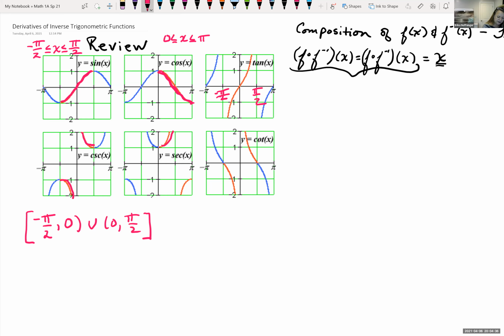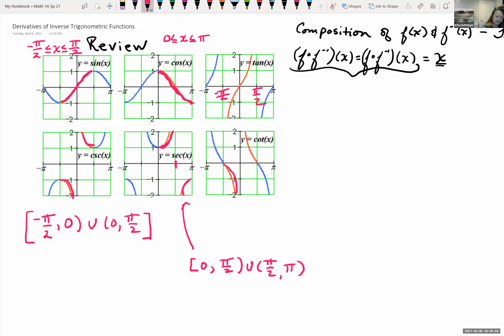Okay, so we can continue on with those. For secant, it's going to include 0, and we have an asymptote at pi halves, so don't include it, put that parenthesis, union pi halves to pi.